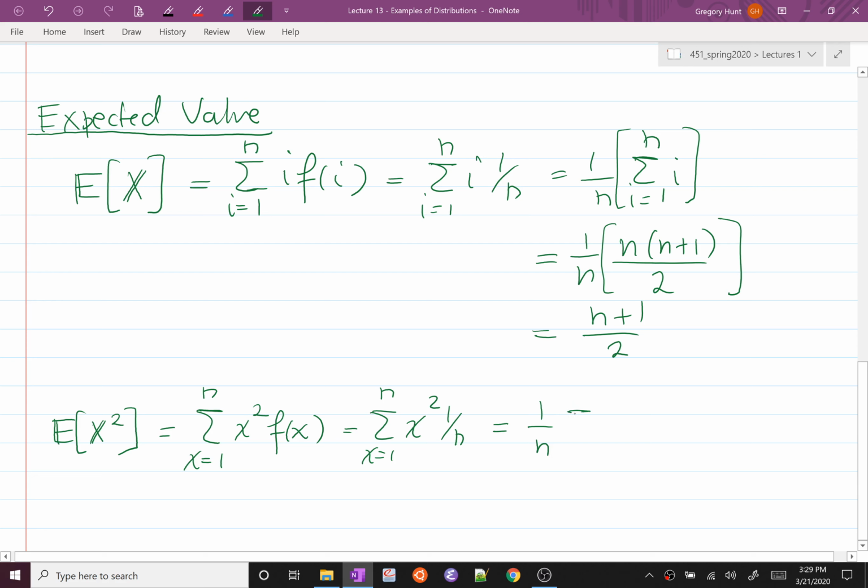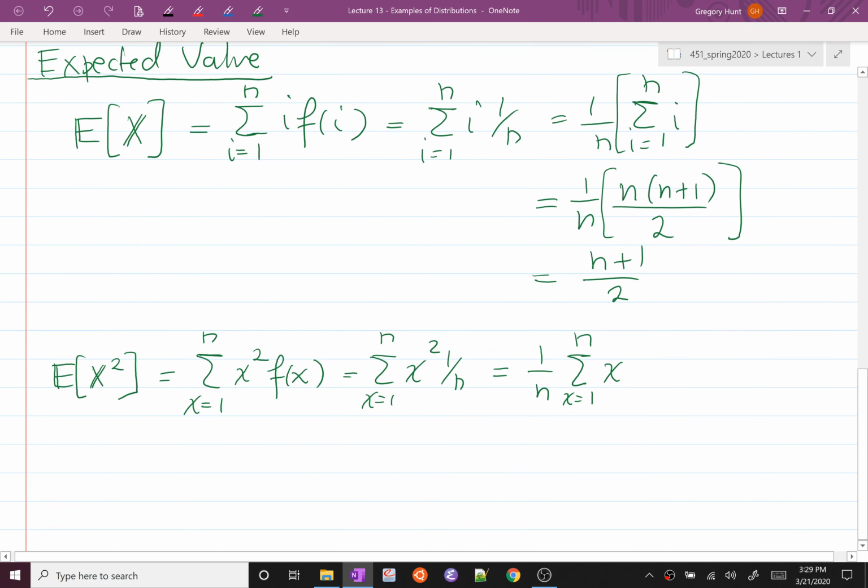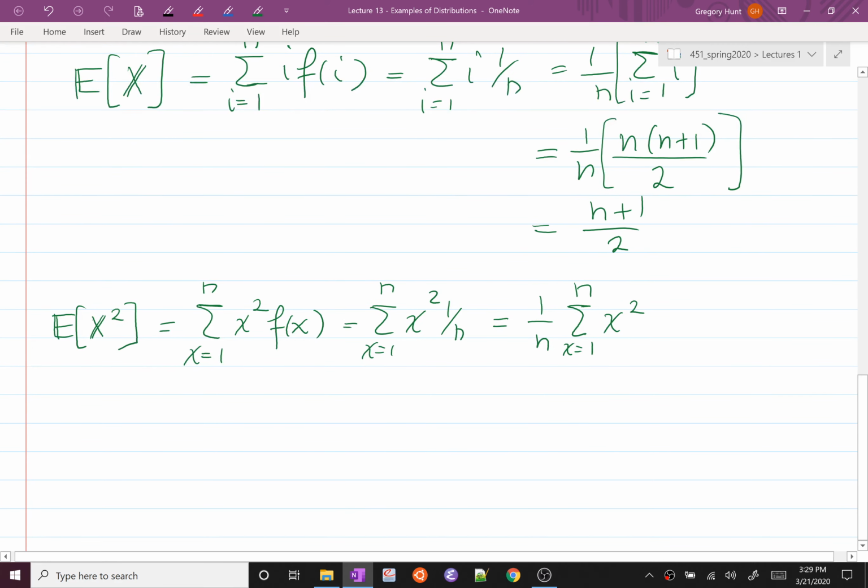So that's not going to matter too much. It comes out as a factor, and it's 1 over n times the sum, i goes 1 to n of x squared. In this case, there's another formula we can look up. I definitely don't expect you to memorize this, but the sum of the first n squares has a formula. What's our formula?